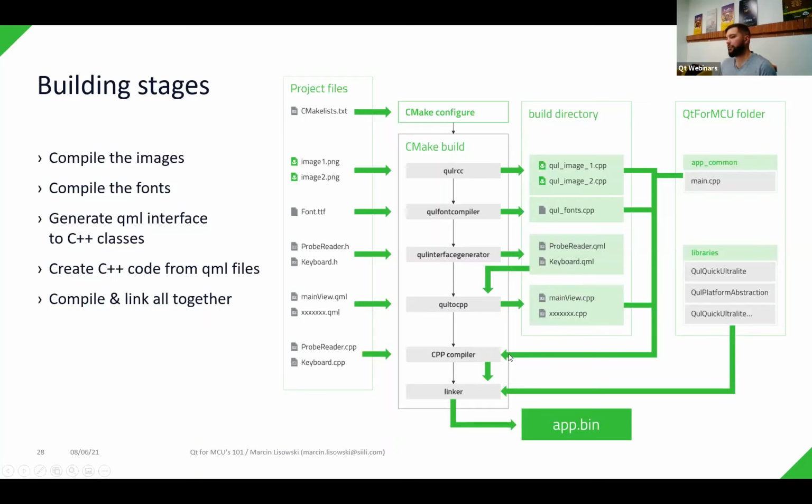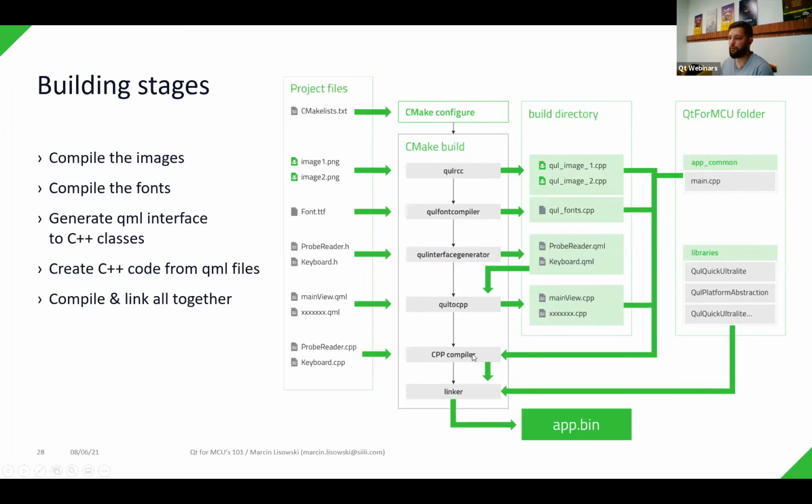And finally, we have the C++ compilation process. Any compiler that you need, so MSVC or, I don't know, ARMGCC, Greenhills or others, will take the C++ files from your application, the C++ files that are auto-generated, and optionally the default main entry point that can come from common macros.